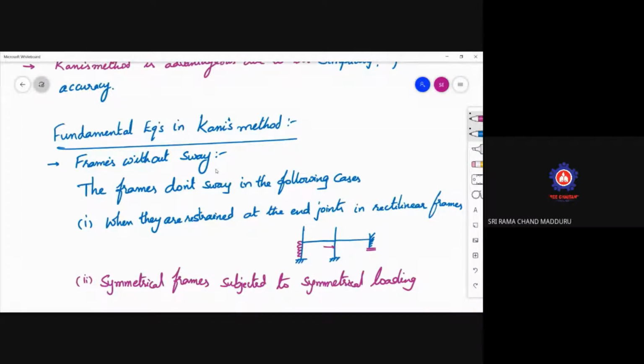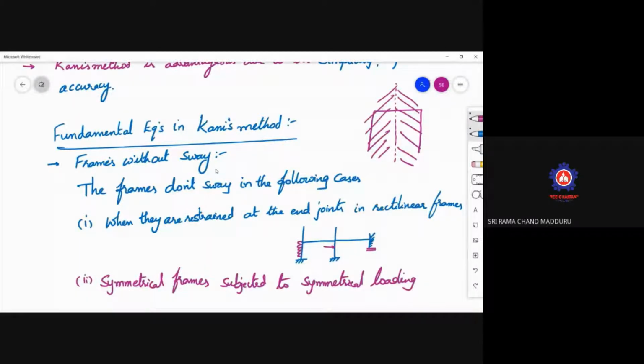In a simple manner, if you want to remember, take the mirror image of the structure at the center. If the image on the left side is symmetrical to the right side, then you can simply say that the structure is a non-sway structure.